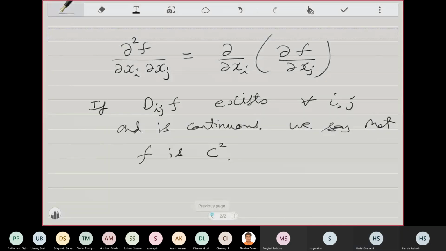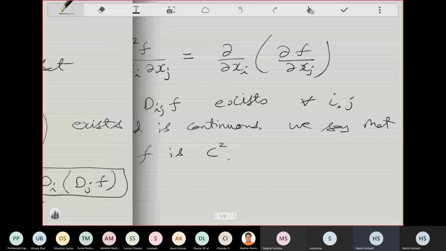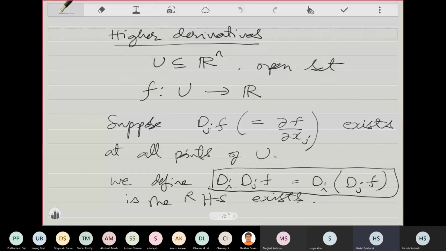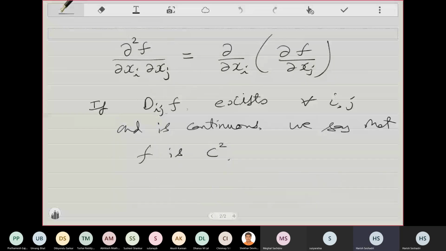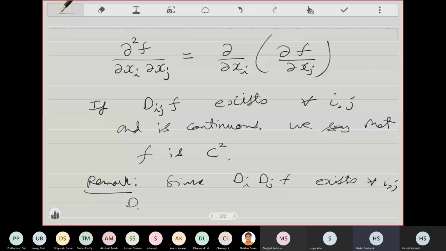But of course, since I'm assuming that second order partial derivatives exist, this means, remark, since D_i D_j f exists for all i, j, that means that the first order partial derivatives are continuous for sure, right?